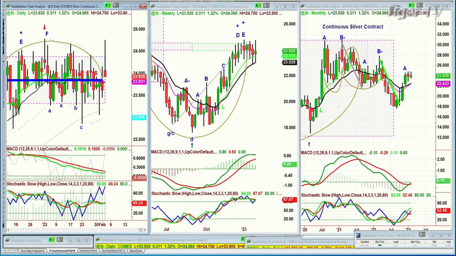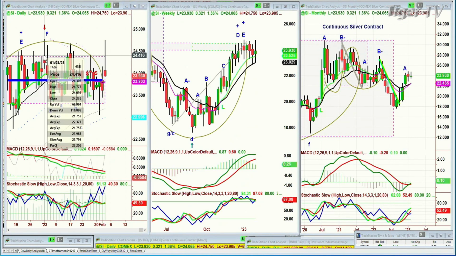As we've seen before, silver was acting so much better on a chart formation in the daily and the weekly charts than gold. It then topped out at about 24.30. That was the 3rd of January.